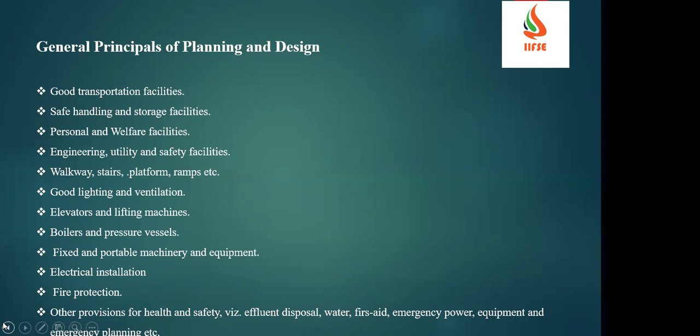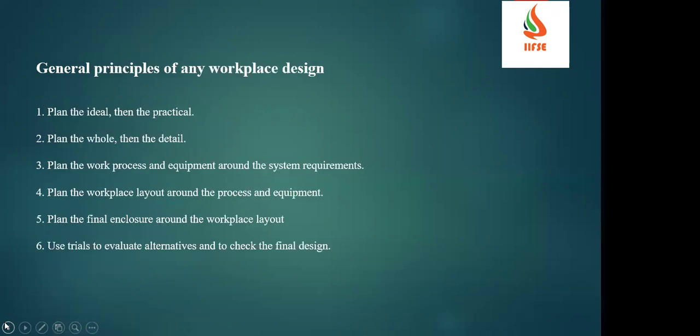Boilers and pressure vessels depend on the type of manufacturing process. Then fixed and portable machinery and equipment, electrical installations and fire protection. Apart from this, health and safety provisions such as effluent treatment plants, water treatment plants, first aid facilities, and emergency power in case an accident forces us to stop the electrical supply. In that case, how can we evacuate?